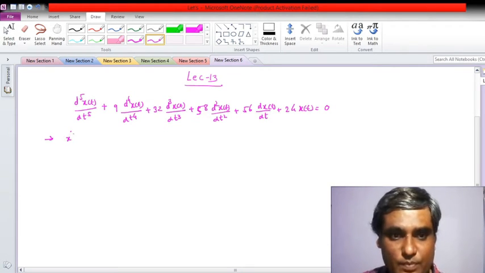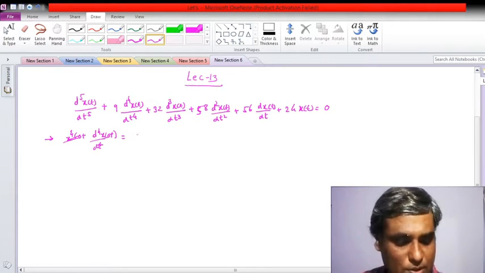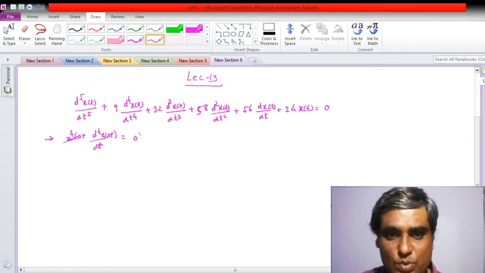x4 of 0 positive, that is d4x by dt raised to 4 of 0 positive, is 0.